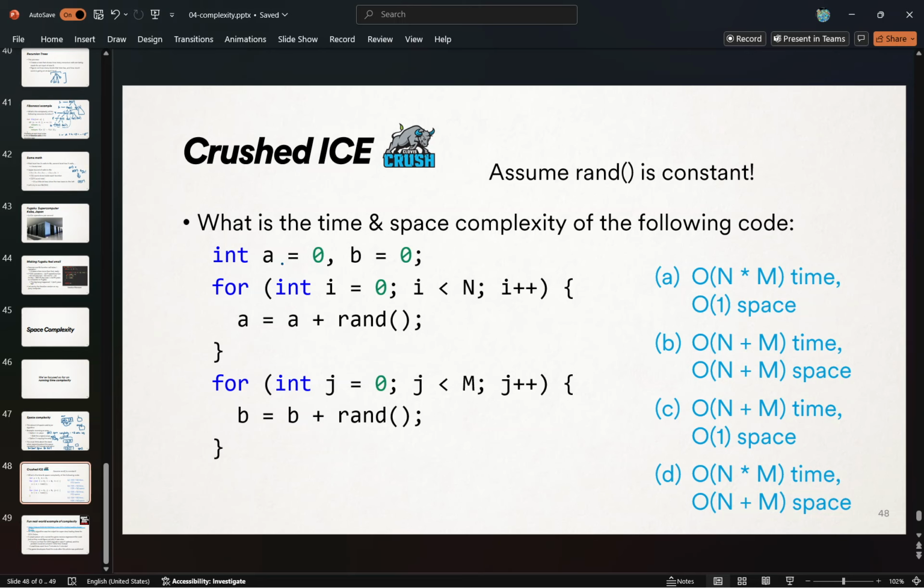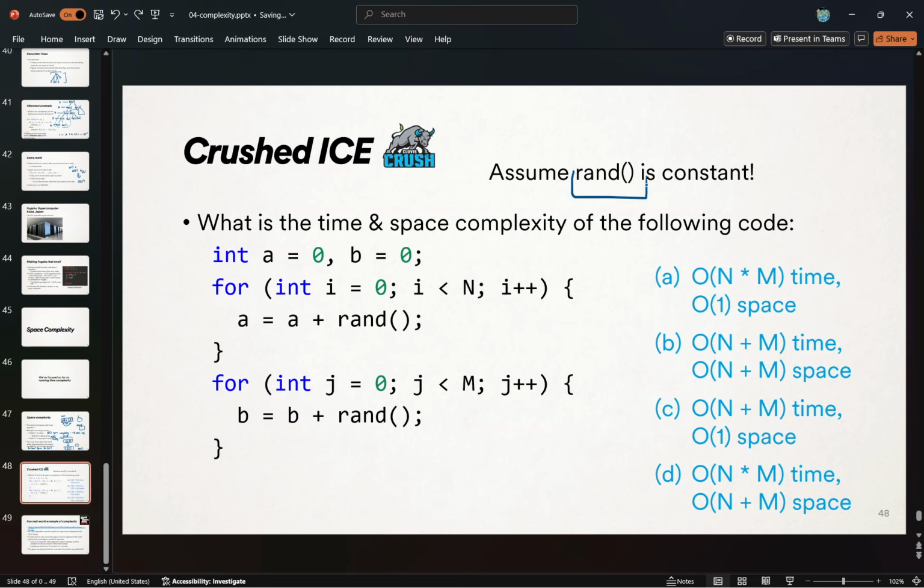There's some loops, there's some variables. N and M you were given. So those are just variables with some value. Maybe we got them from the user, who knows? So you have no control over what these are. So if you need those in your answer, you just have to keep them as variables. And every time rand is called, it's giving you some random number.